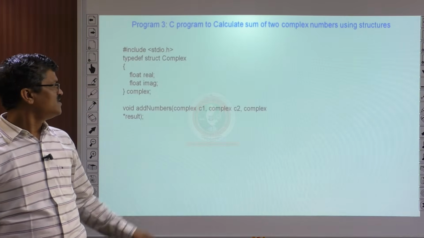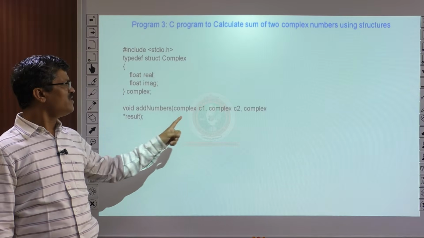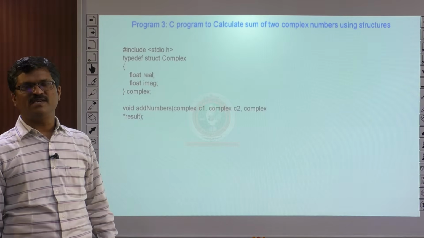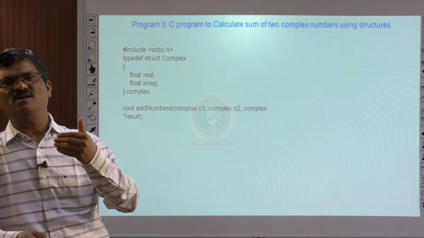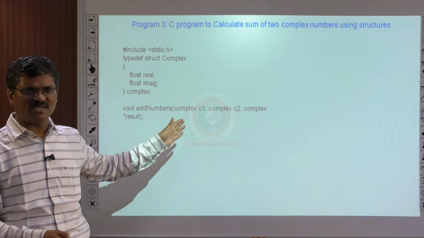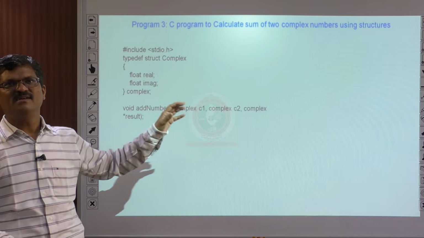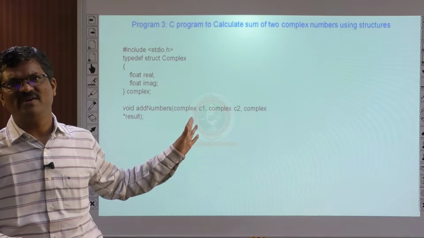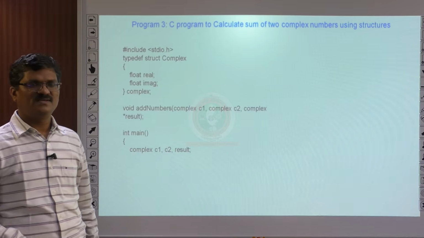So, complex C1, complex C2, and I am making use of pointers over here, so that rather than passing the value, we will see the definition where I am passing the address of a structure. That is the reason why we are considering a pointer here.